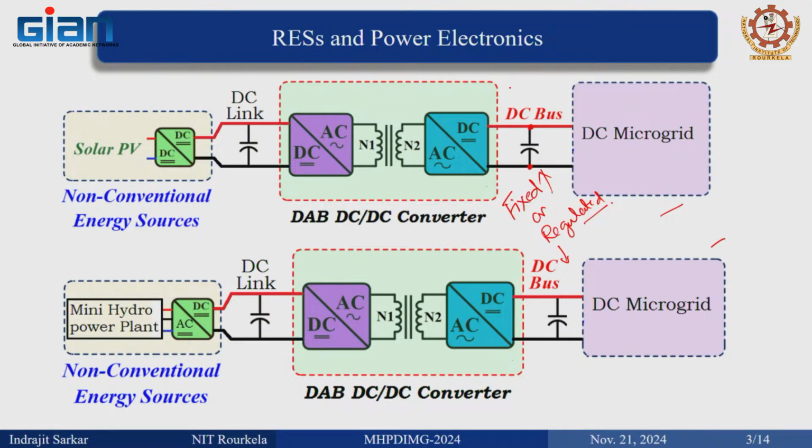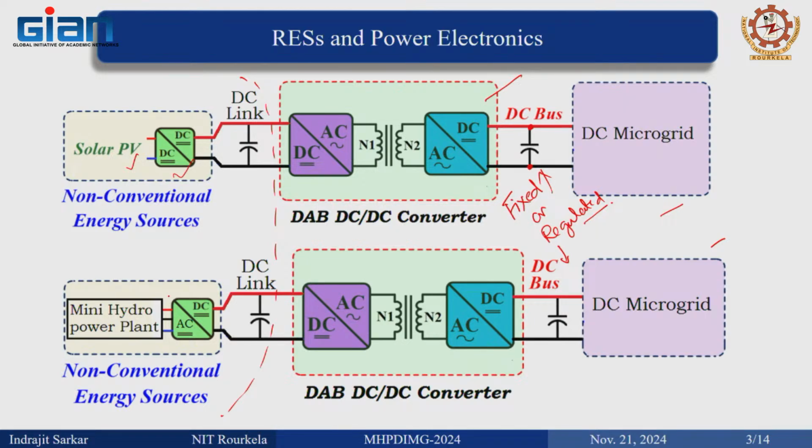Now, this part is on the grid side or load side, and this side is the source side. Whether it is solar PV or a hydropower plant, as I explained on the very first day, you have to extract power at MPP. Since solar output is DC, we are using a DC converter.